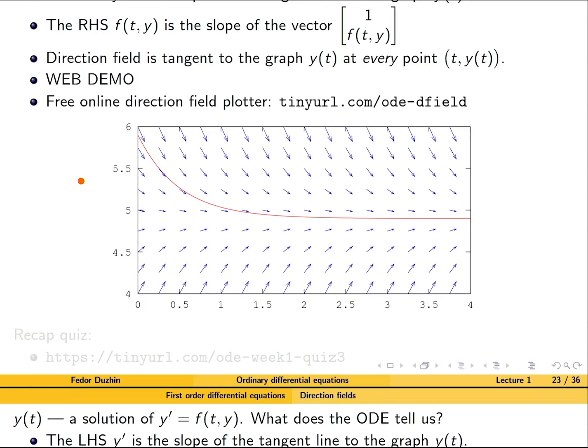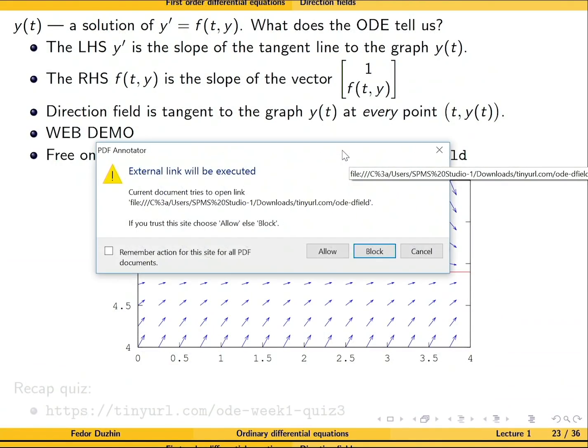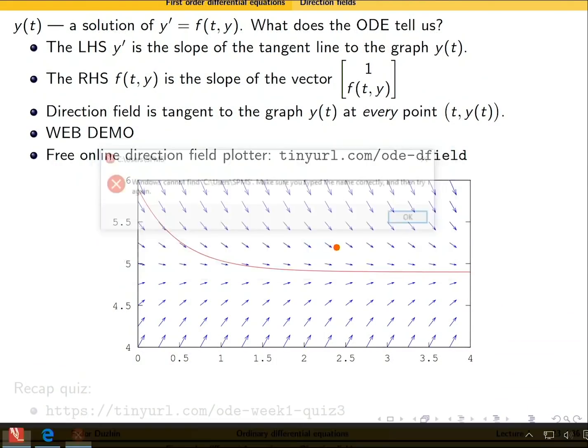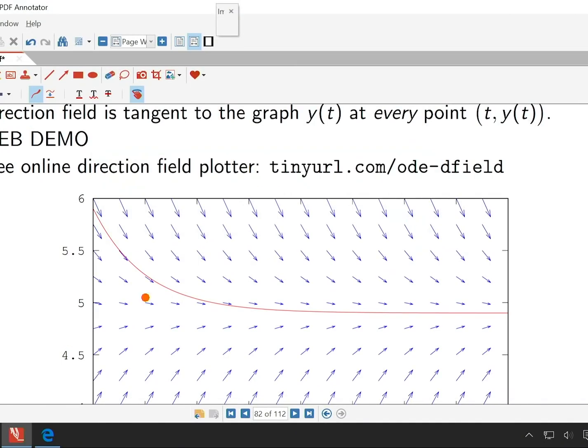Or here there is a free online direction field plotter that you can use during tutorials. When you do homework, please draw proper, nice illustrations.